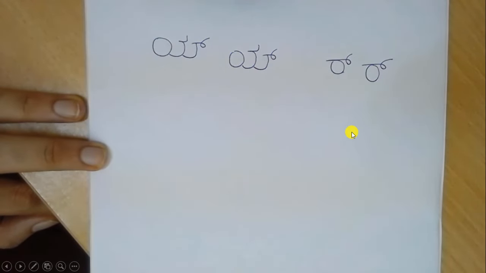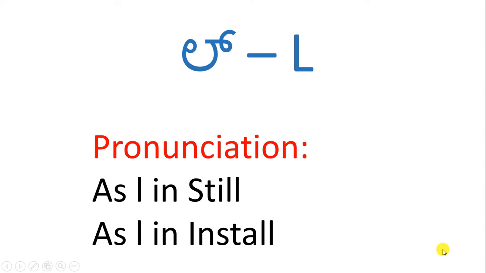The next root consonant is L. The way you pronounce it is as L in still, or as L in install. Still has 2 L's. The way you pronounce L is as the last L in still, or the last L in install.